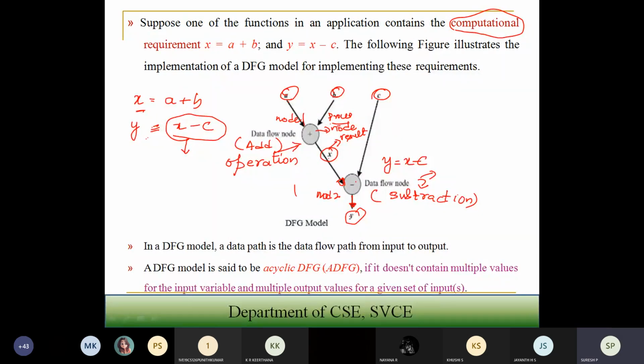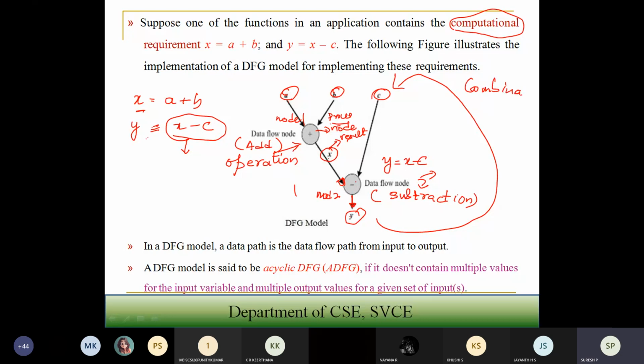This particular model is called acyclic because it is not forming any cycle. Cyclic would mean the output you get is fed back to the input again. An acyclic graph is similar to the combinational circuits you are going to have.